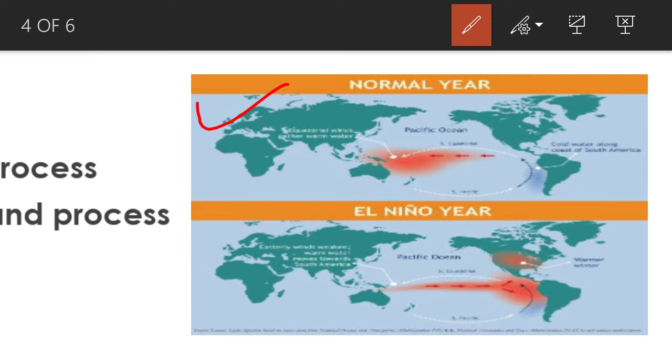Here this is our India, and near Australia, Malaysia like countries, we have warmer waters, because the trade winds are moving something like this. Okay, so trade winds are almost parallel, or they try to be parallel along the equator.